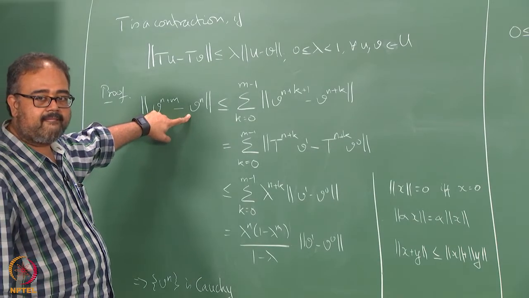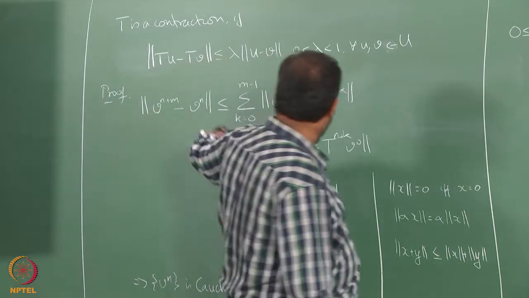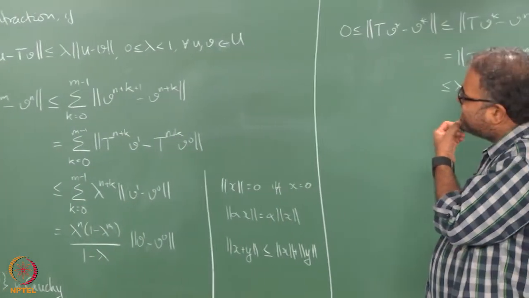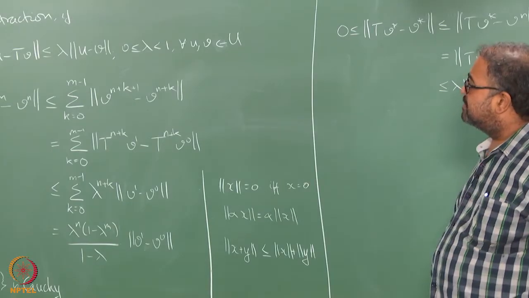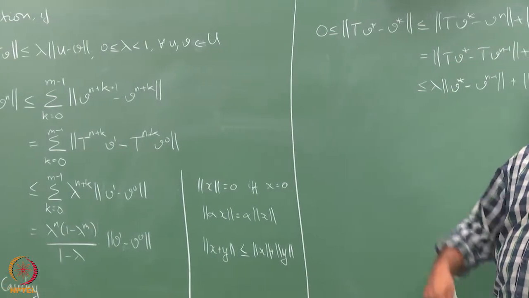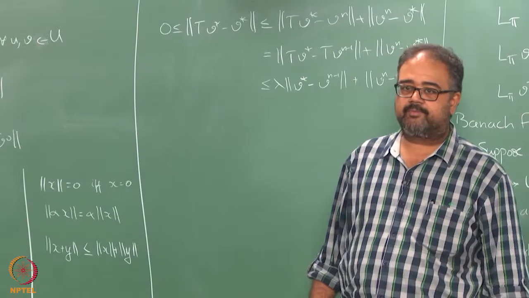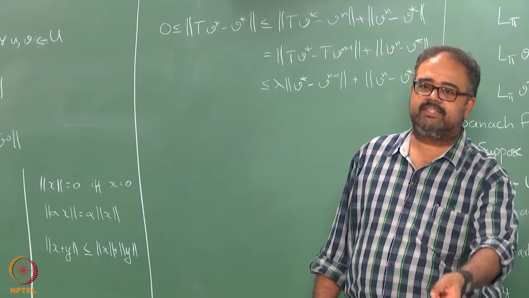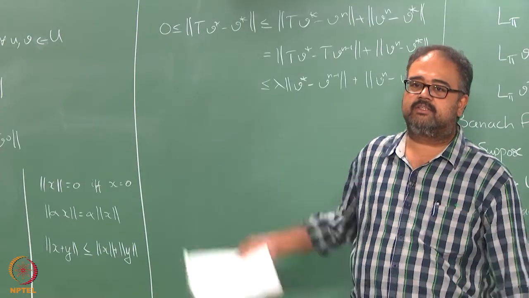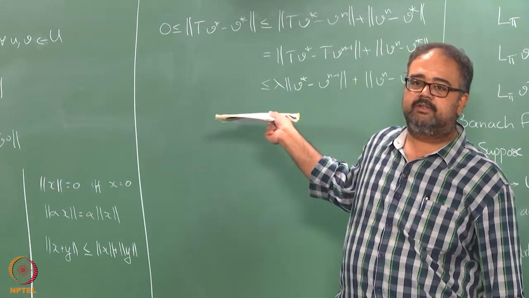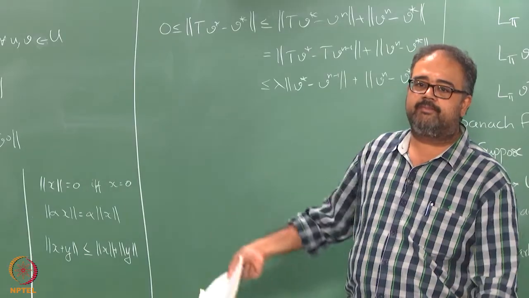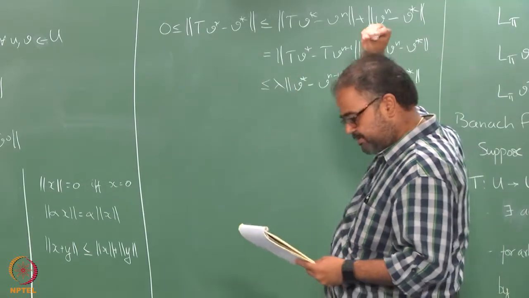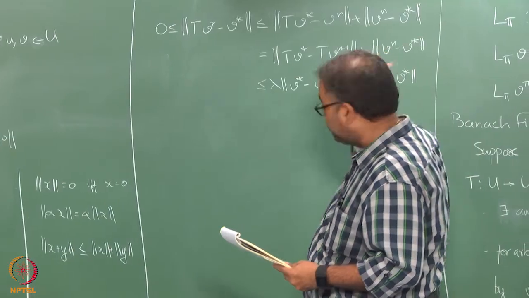Vn plus 1 can be written as T Vn, so the norm of T Vn minus Vn tends to 0 as it tends to infinity. But you have to show that if it reaches V star, it will stop there. It won't go anywhere beyond V star. That is all we are showing here.